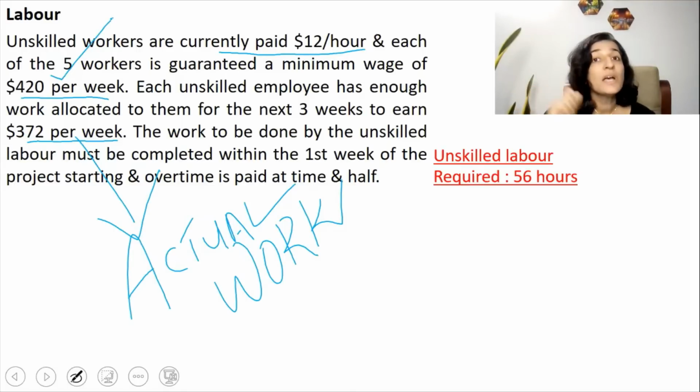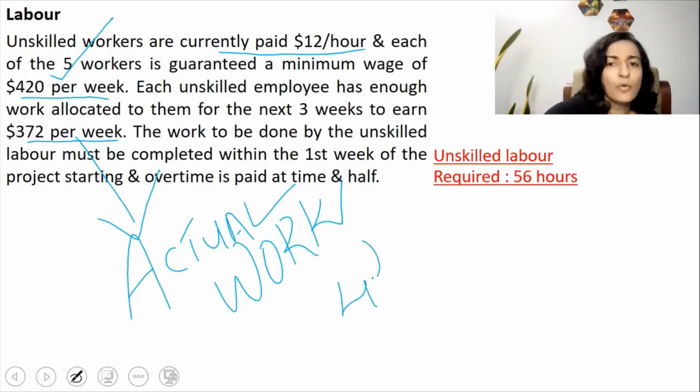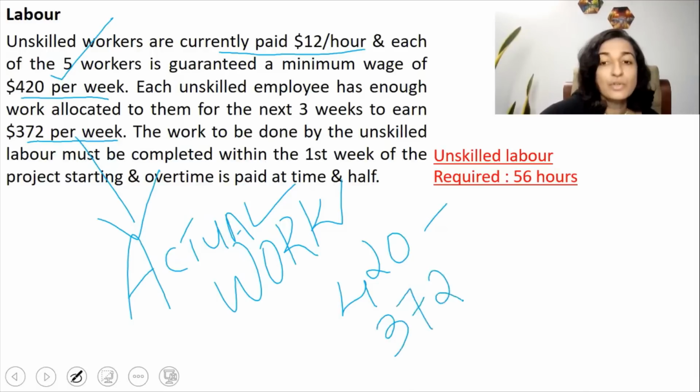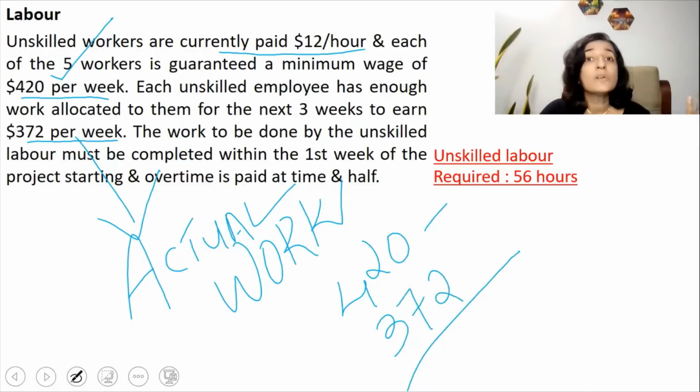Why? Because of the minimum wage agreement. So actually, we are paying $420 minus $372 extra just because of the minimum wage agreement. We are paying this extra even if the workers do not do any job.